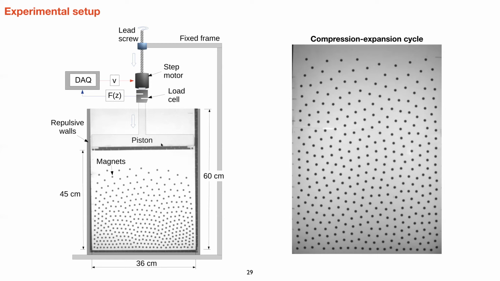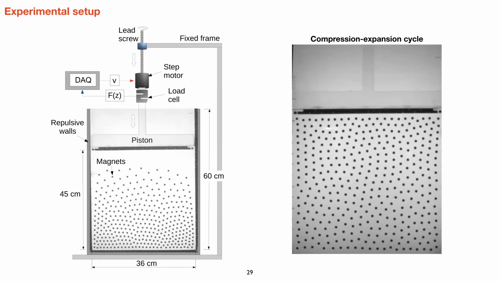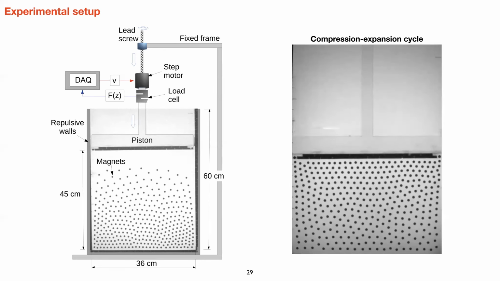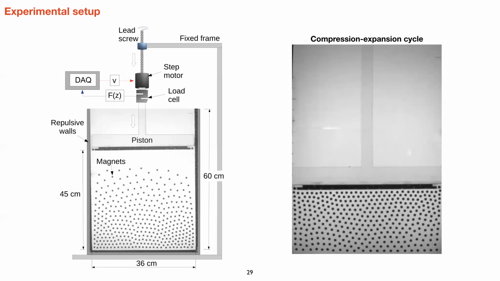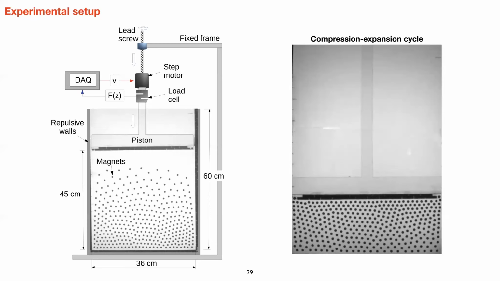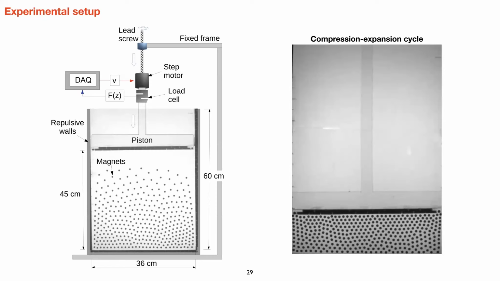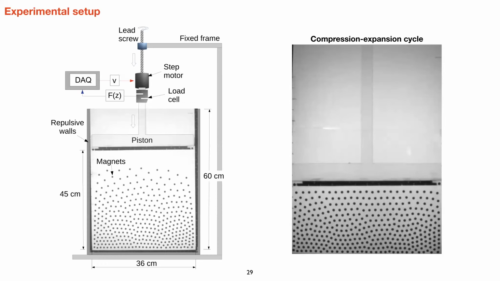And this is an example that we obtained. So this is a compression-expansion cycle for this material. As you can see, the piston descends, pushing the particles, producing a rearrangement of particles that is very easy to see here because the system is two-dimensional. And then you can practically crystallize the system. So the final state is almost hexagonal close packing. Then we stop there, and then we start expanding the system by moving the piston up.